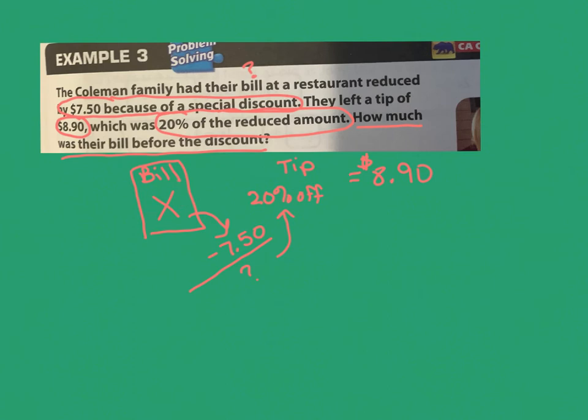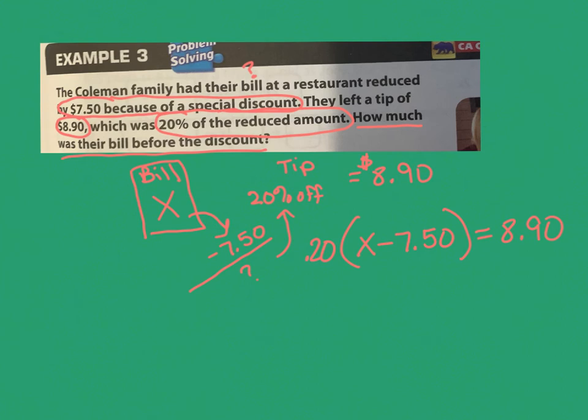How much more? Well, let's see if we can create an equation. I had a bill and they took $7.50 off of it. And then I did 20% of that amount. So let's take that bill minus the $7.50. And they said 20% of that, let's call that 0.20, ended up being $8.90.